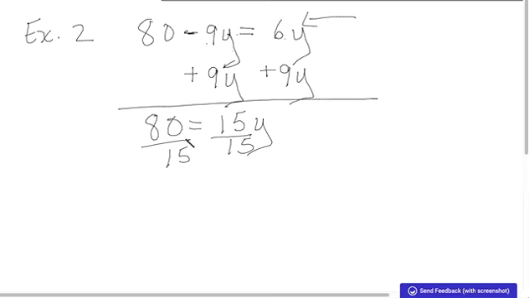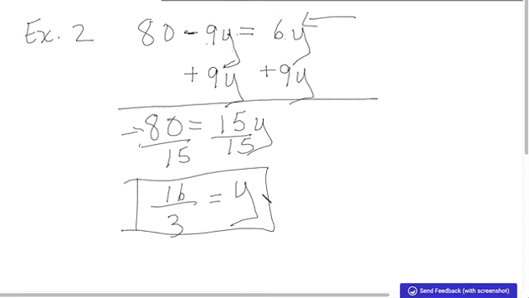It looks like I'm going to have to divide each side by 5. And so 5 goes into 80 16 times, and 5 goes into 15 3 times. So I end up with a fraction here. And again, I could go back in here and check it out, placing it in both of the y's and checking that the left side equals the right side.